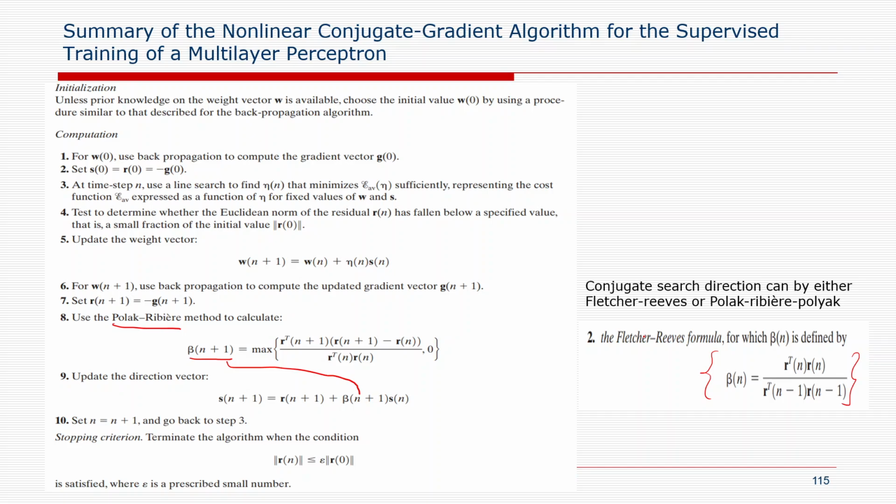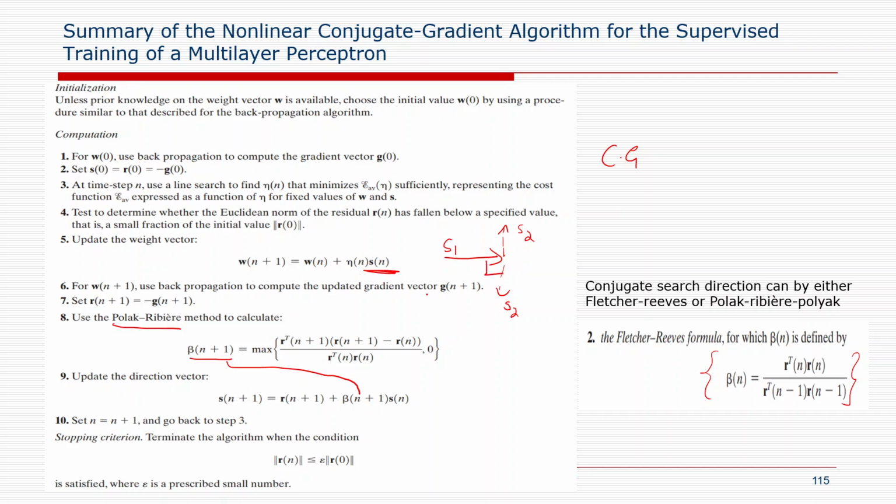Now, what we understood in the conjugate gradient algorithm is that we are going to calculate the search direction. The search direction calculated will be orthogonal to the other direction. That is, if you are in this direction, we will find the direction which is perpendicular, either up or down, depending on the gradient we calculate. If we are currently here, then either we will go in this direction or in the opposite direction, which is perpendicular.